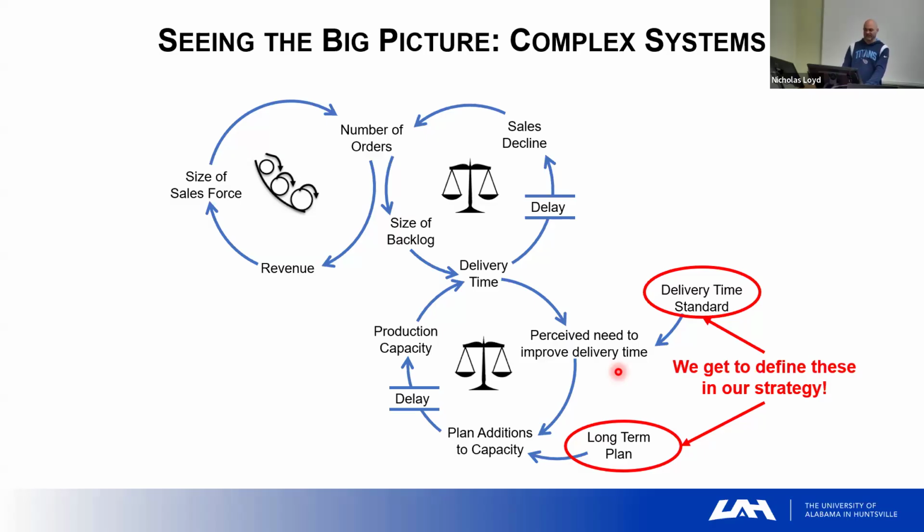Me as an organization, guess who gets to determine the message to my customers of what our delivery time standard is? I do. I get to make that part of my strategy. When I'm planning strategy 3 to 5 years down the road, guess what I get to do? Try to look down the road and have plans to add capacity into my long-term plan. We're going to do this, and it's probably going to lead to this. So we're going to go ahead and start planning to grow here.